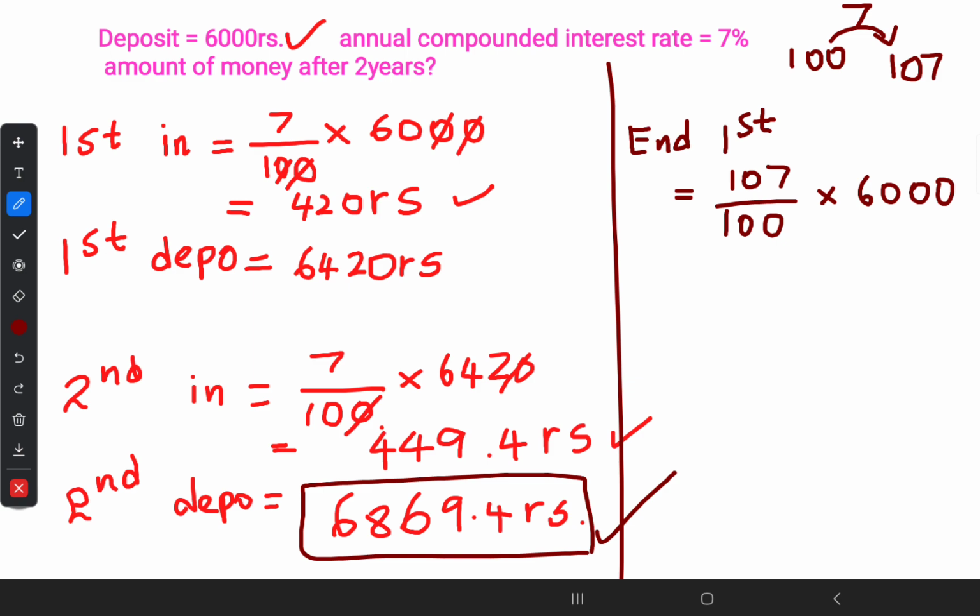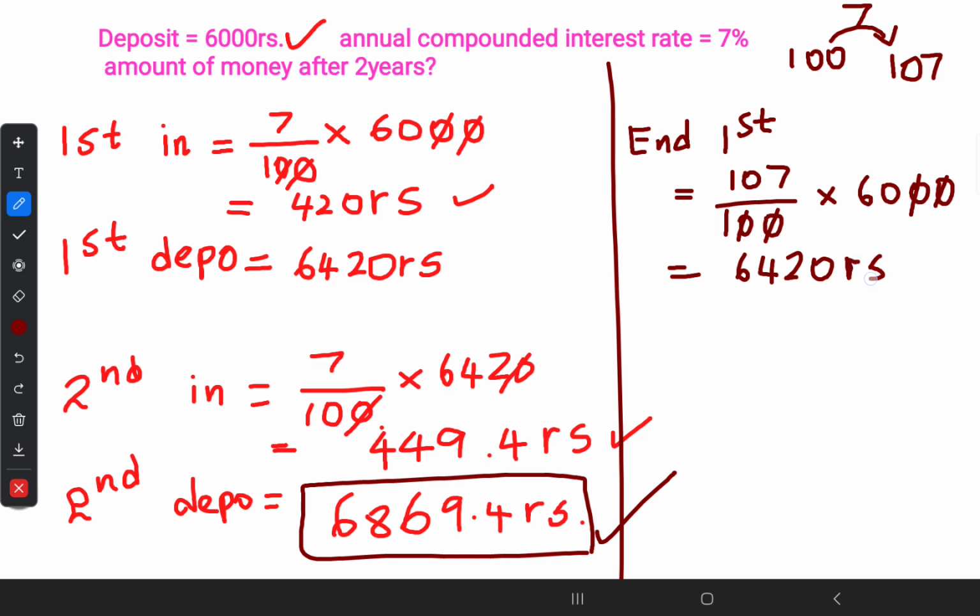So after the end of first year, the amount of money in my bank, we will consider 100 rupees in a simple manner. So 100 rupees, 7 rupees interest, both together, it will become 107. Likewise, if I invested 6,000 rupees, what is the amount I will have? We can simplify them, so it will become 6,420 rupees.